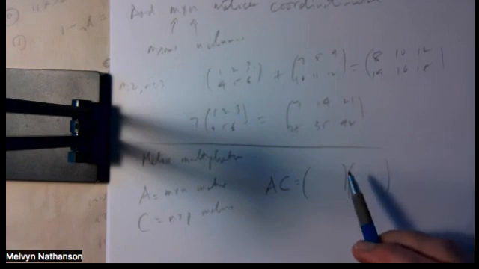What works is when you have a matrix A, which is, let's say, an M by N matrix, and C, which is an N by P matrix. So the number of columns of A equals the number of rows of C. And then I can multiply them. And the way you multiply them is what's called row into column.